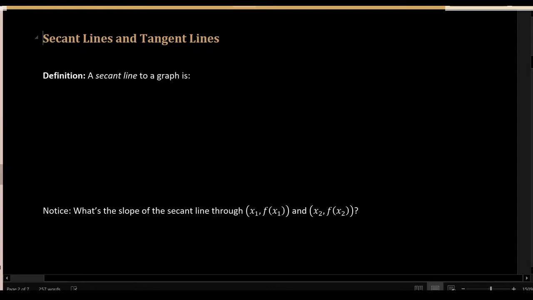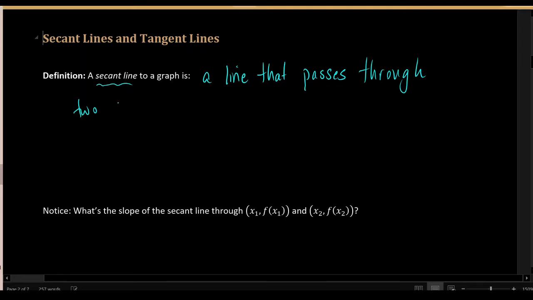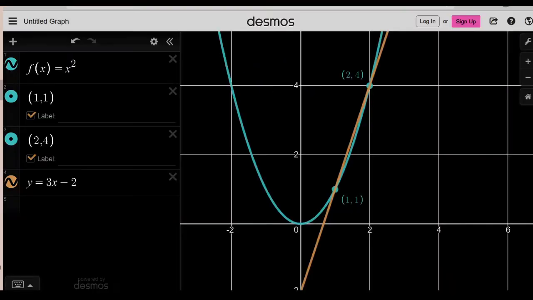So when someone says the secant line to a graph, or a secant line to a graph, this is just a line that passes through 2 points on the graph. So here we have an example of a secant line to the function x squared.